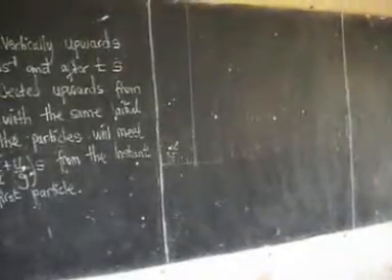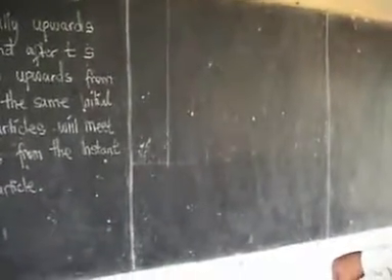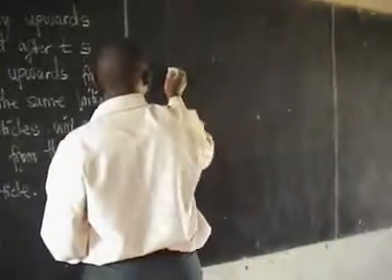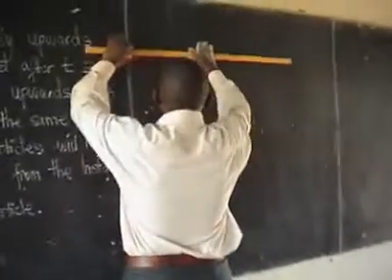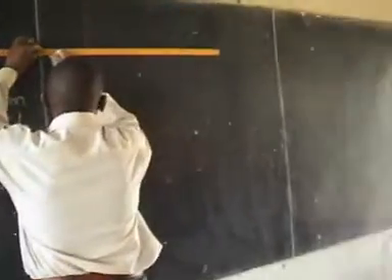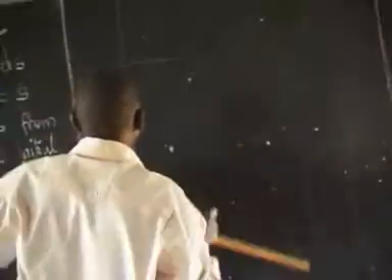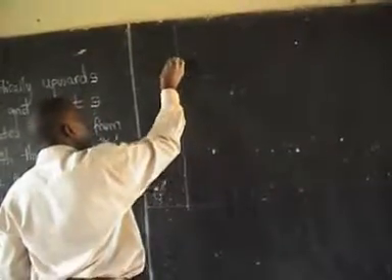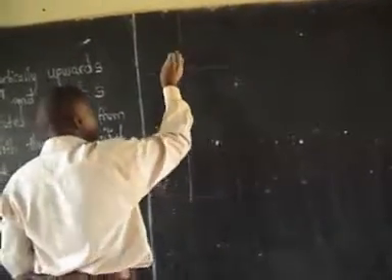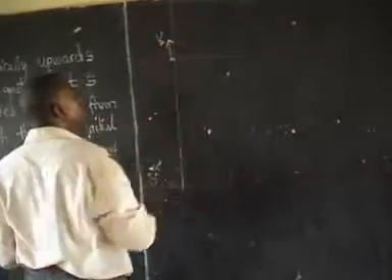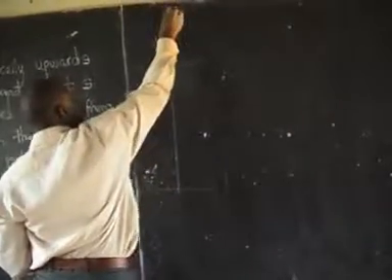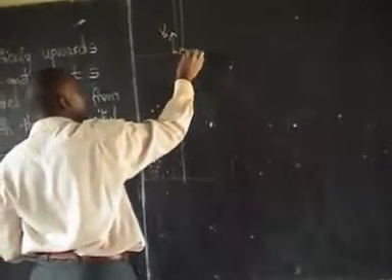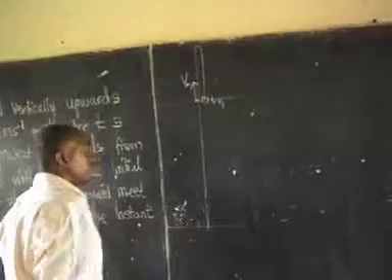Now if those two bodies are to intercept, then the second body will be moving upwards as the first one is on its way downwards. So if this is our second body moving upwards, with speed I'm going to call v2, then the first body will be moving downward at speed, which I may call v1.